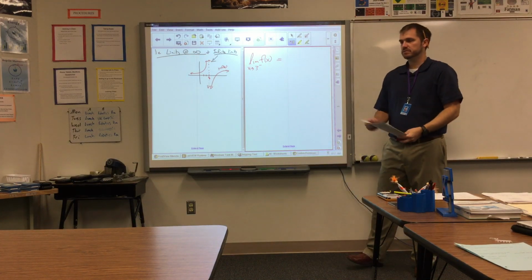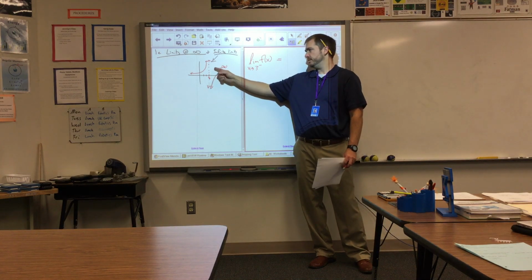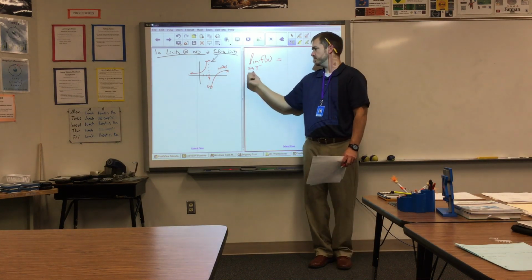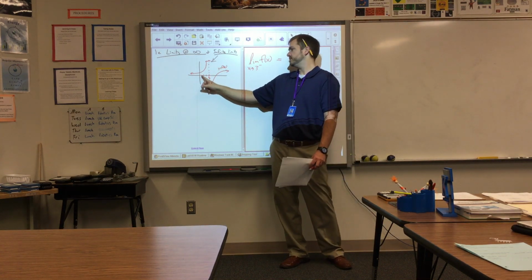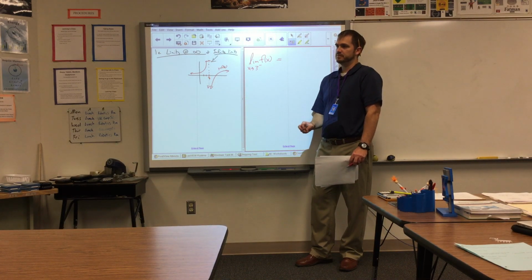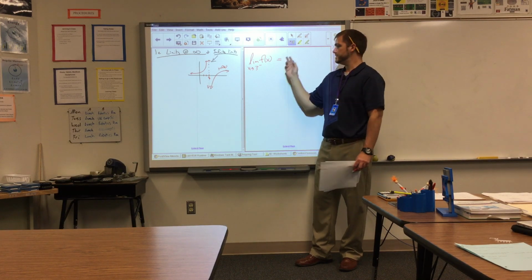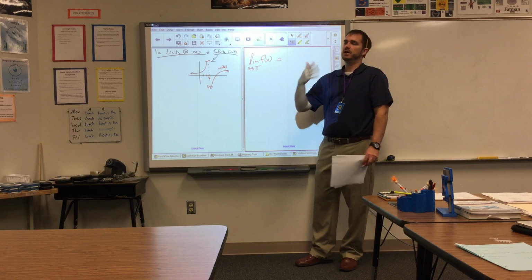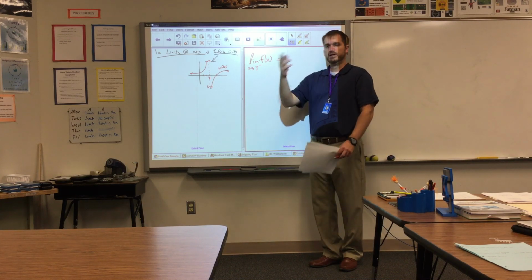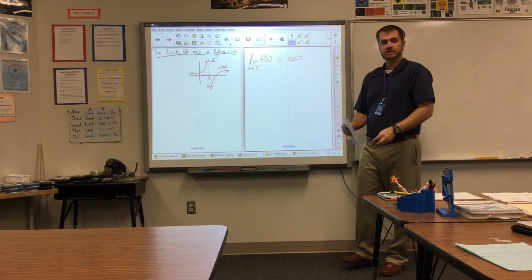Up until now, we've said what, class? What is the limit of the function as x approaches 3 from the left? And we haven't said, yeah, it does approach positive infinity, but that's not what we've said. We've said does not exist. Reason, unbounded behavior. Okay, well now, basically, if you want to put infinity, that's fine.